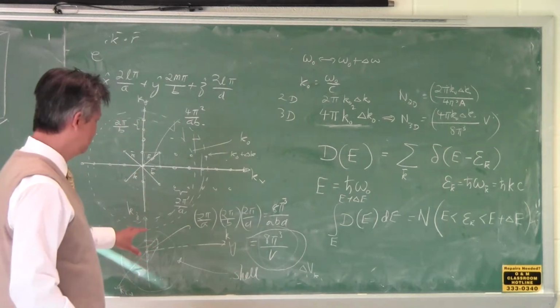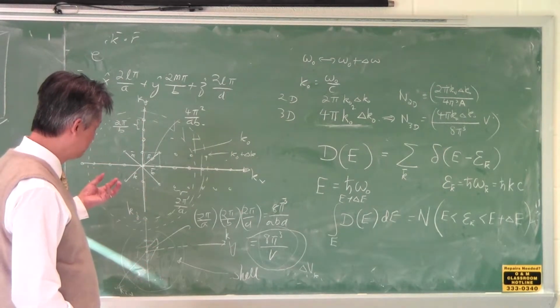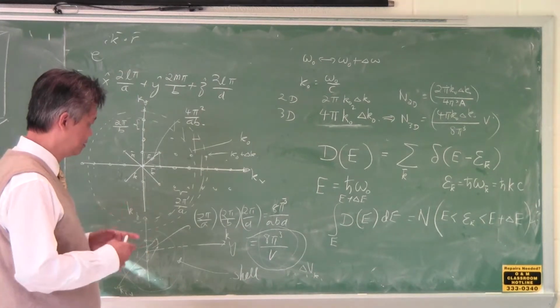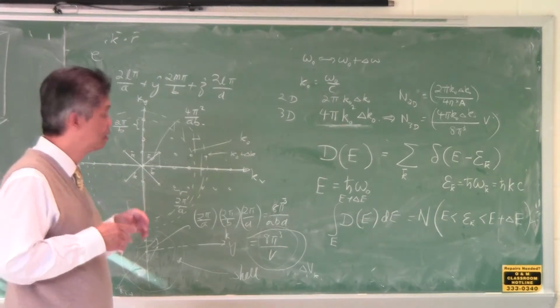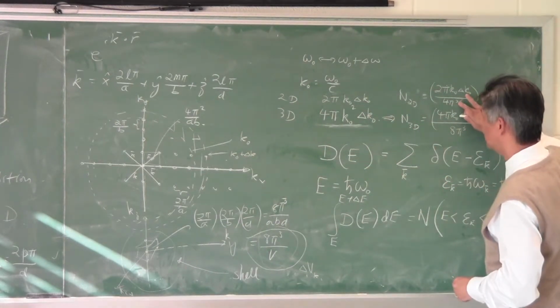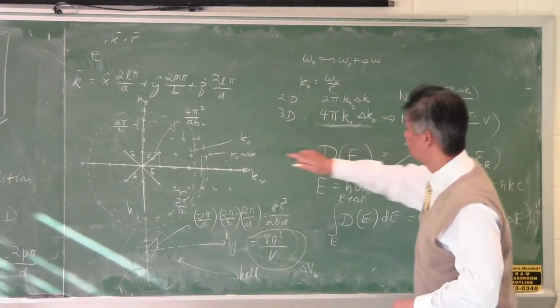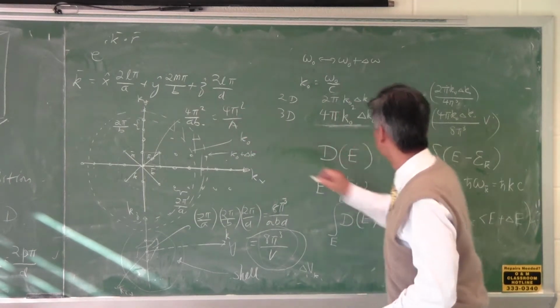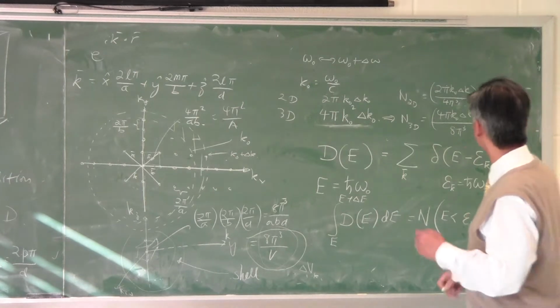This is the size of the mode volume occupied by each mode in the k space. The larger V is, the smaller that mode volume. Why in 2D is the area in the denominator? Okay, I'm sorry then. It should be AB, yeah. It should be 4 pi squared over that. I'm sorry. Yeah. Thank you for pointing that out. It should be up there.